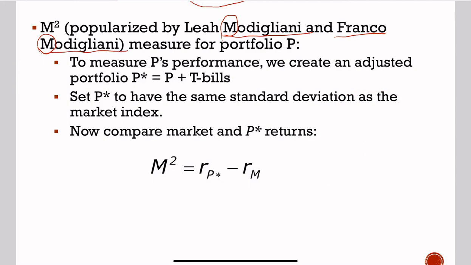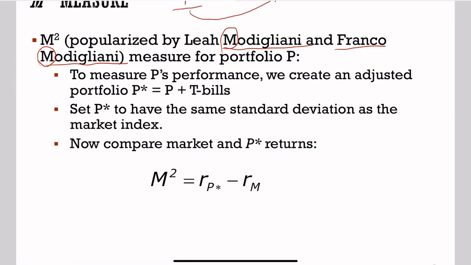So here I will mix this portfolio P with T-bills, and I will build an adjusted portfolio P star. How do I determine the right mixture? Well, I will make sure P star has the same volatility as the market index. And next, I will compare the adjusted portfolio's return with the market index's return.